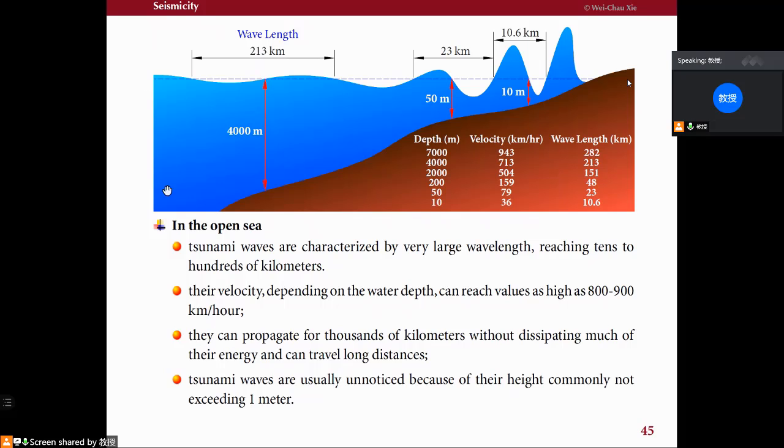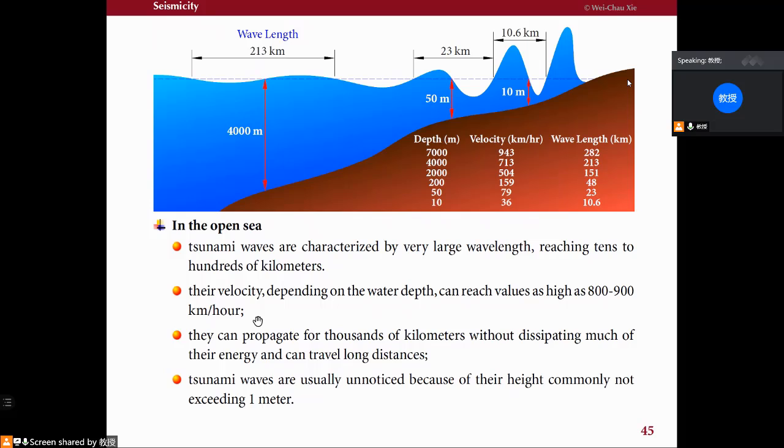They can propagate for thousands of kilometers without dissipating much of their energy and can travel long distances at a very high speed, 800 to 900 kilometers per hour.